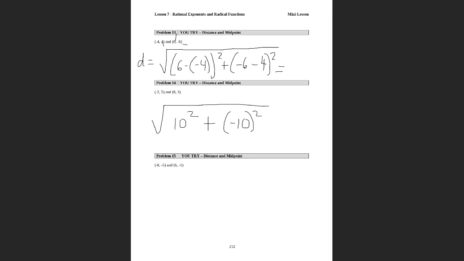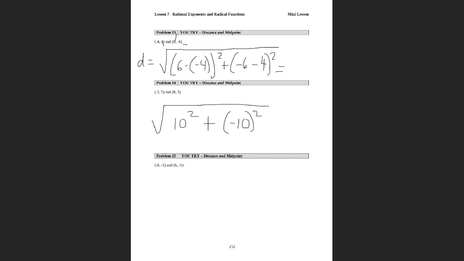And what is negative 10 squared? Negative 10 times negative 10. What is that going to give us? Negative times negative will give us a positive. So we know that.